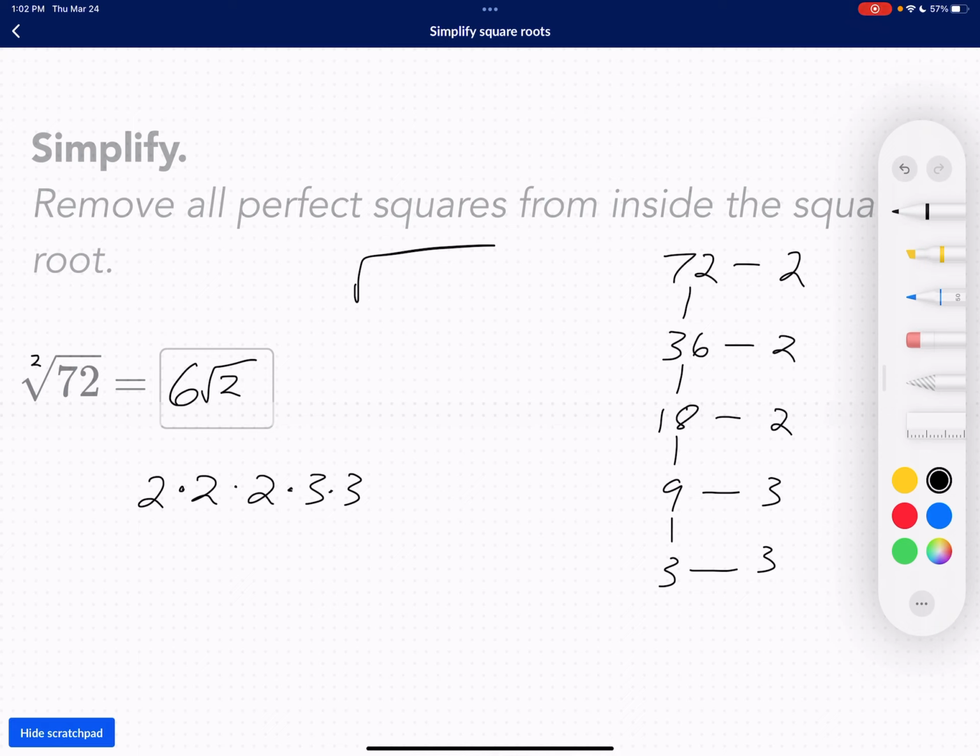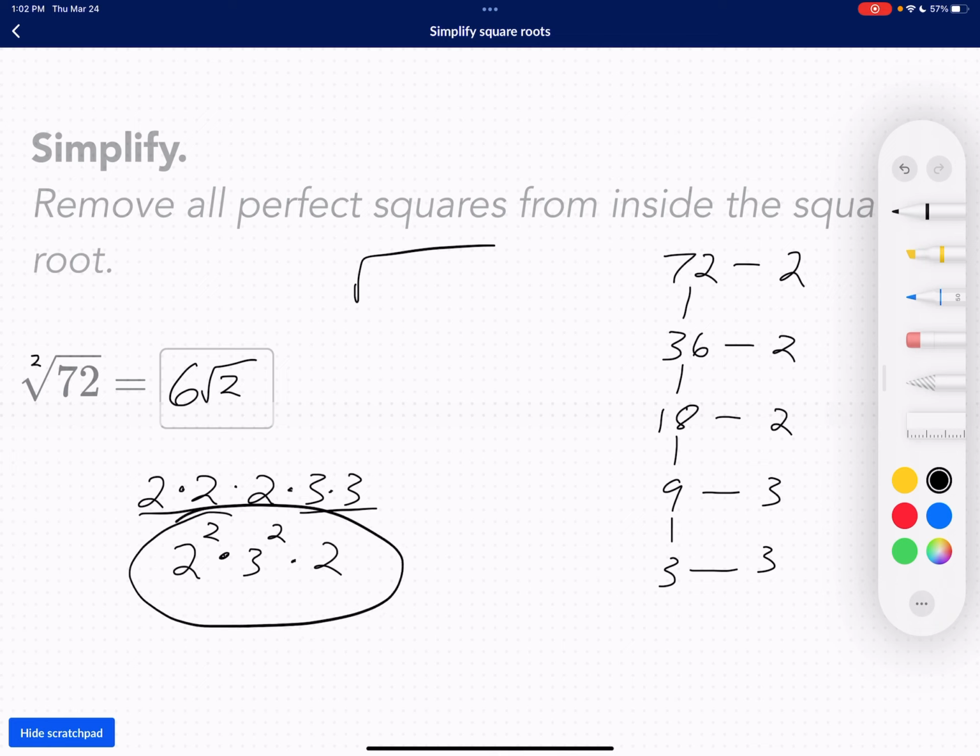But I do notice that I can also write it as 2 squared right here times 3 squared right here times 2. I did this, even though it seems convoluted, to get you to understand this. It's really more important for big numbers.